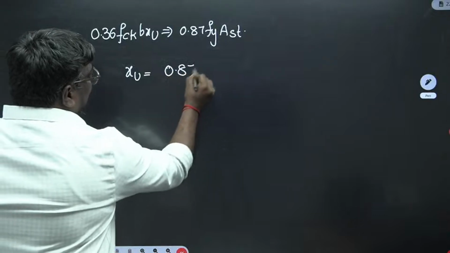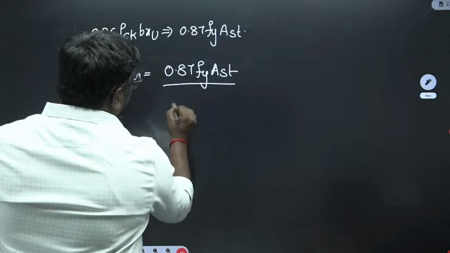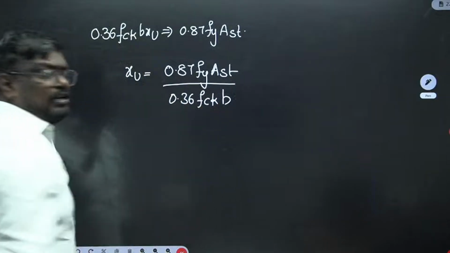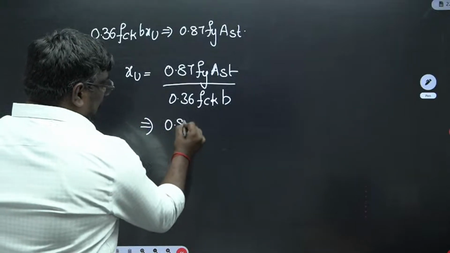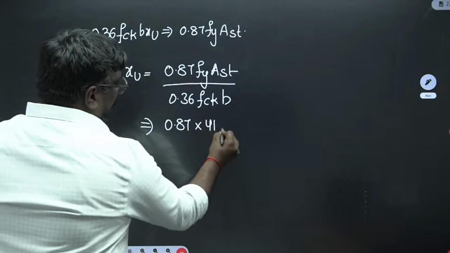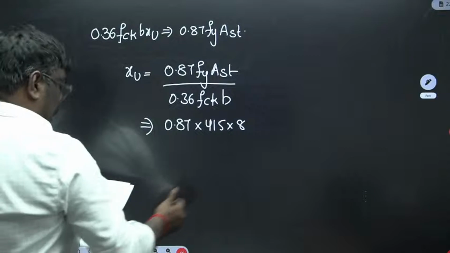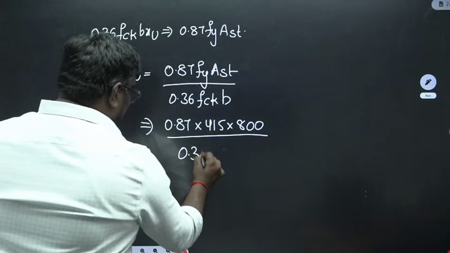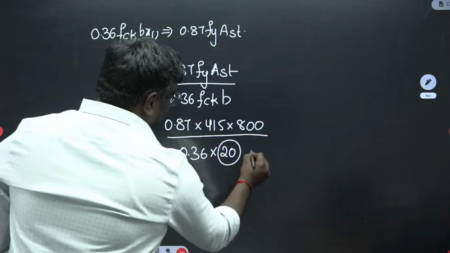So xu equals 0.87 fy Ast divided by 0.36 fck b. So this is how you find the depth of neutral axis. Here, what is the yield stress, sir? Yield stress is given as 415. Area of steel is given as 800 mm square. So 800 mm square divided by 0.36, fck is given as 20 and width of the section is given as 350.